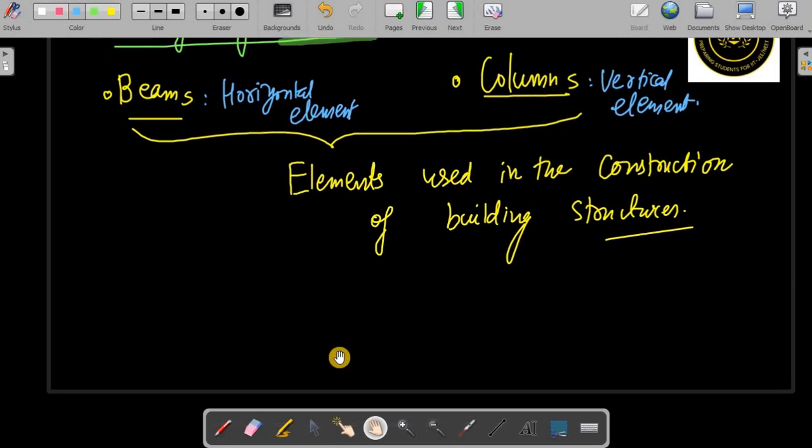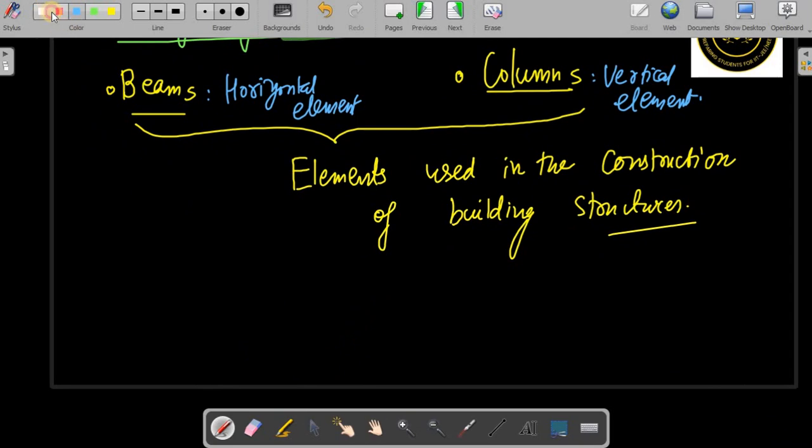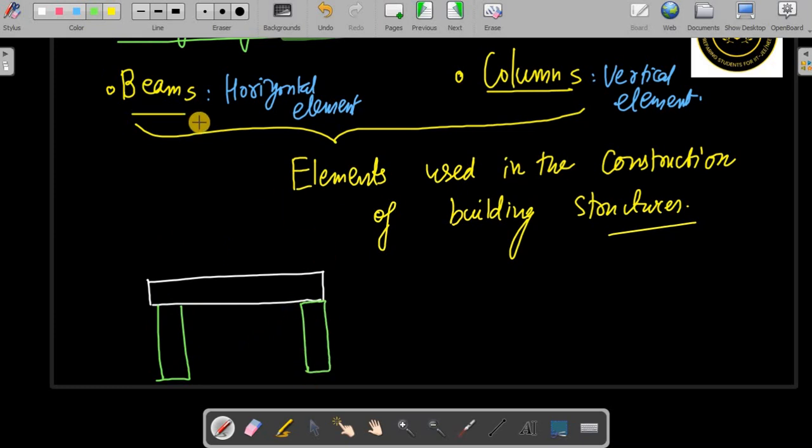Anyway, let us understand here. In buildings we have vertical structures, which are called columns, and the horizontal elements are called beams.